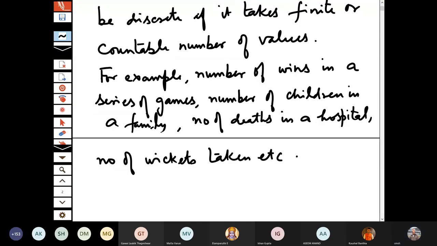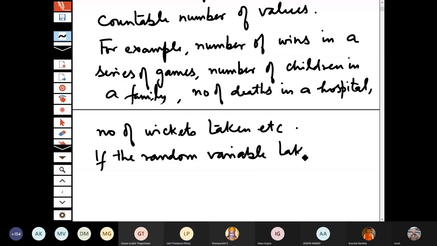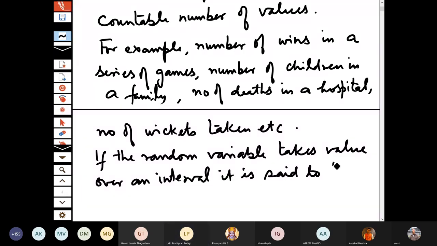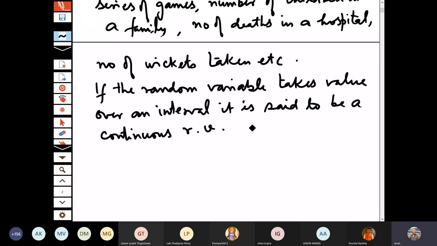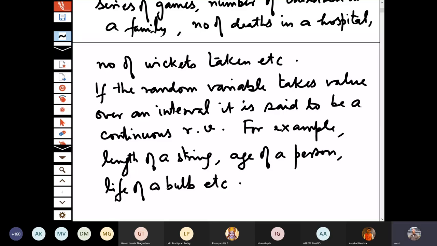Now, if the value is taken over an interval, for example, length of a string, age of a person, life of a bulb, etc., these are all examples of continuous random variables.